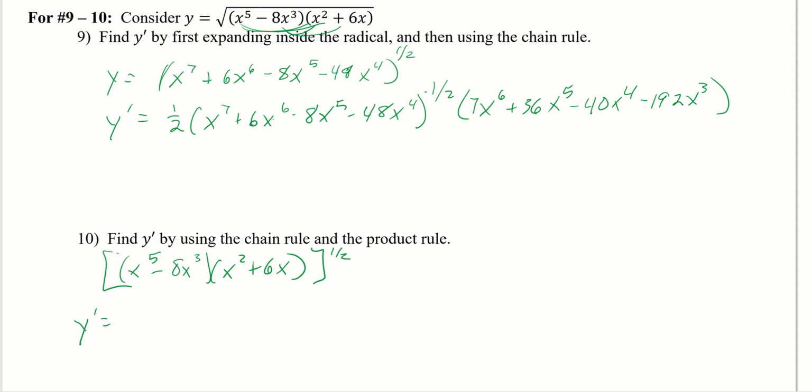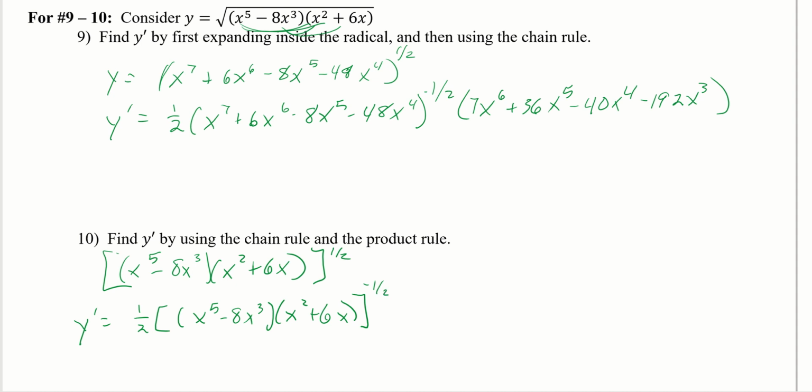We do the derivative of the outside, the big square bracket, so we would have 1/2. The inside would stay the same. Either way, we can do this: x to the 5th minus 8x cubed, x squared plus 6x, all of that to the negative 1/2. So that's the outside.